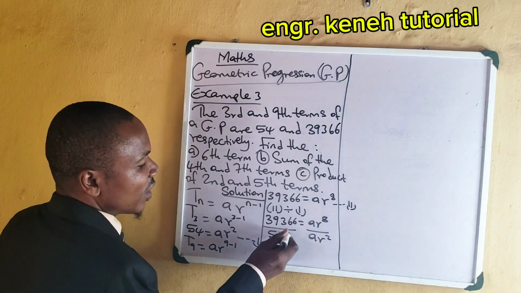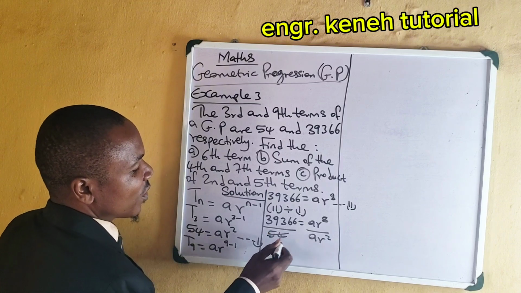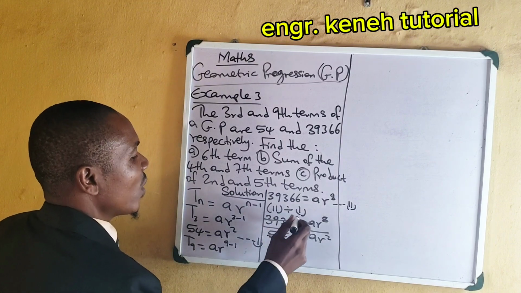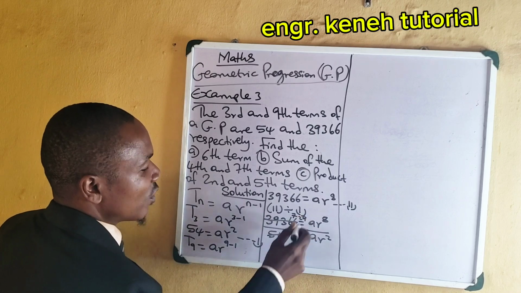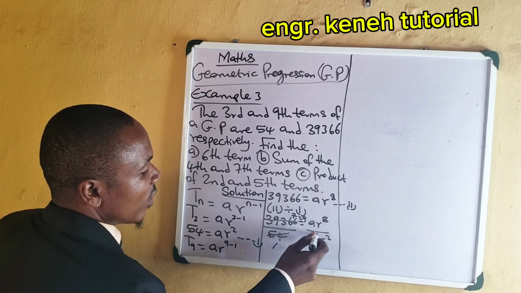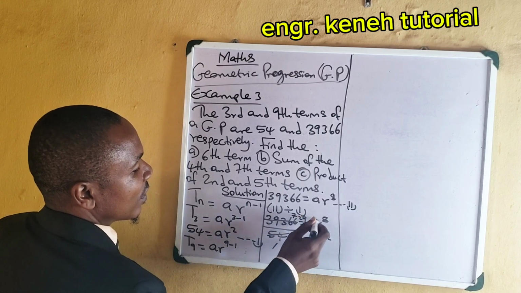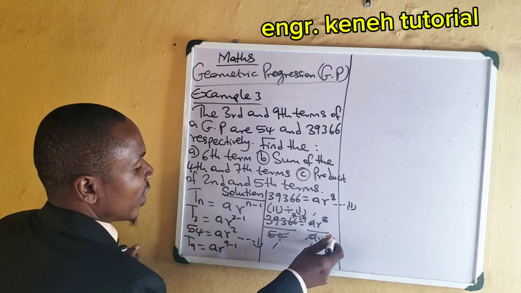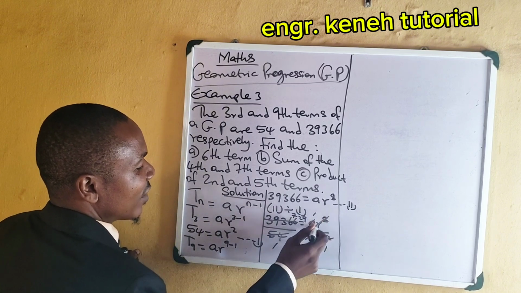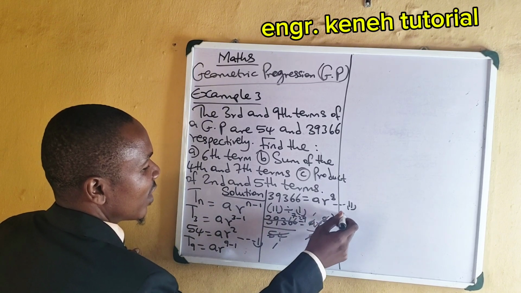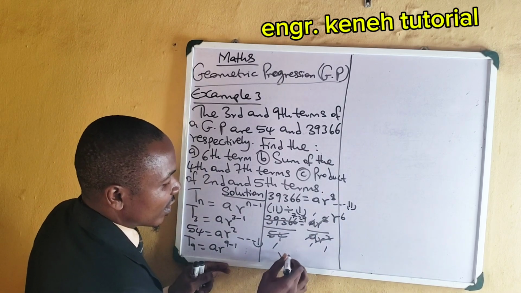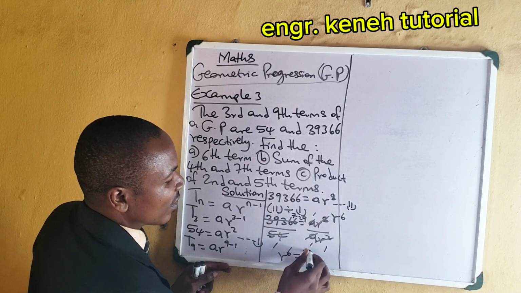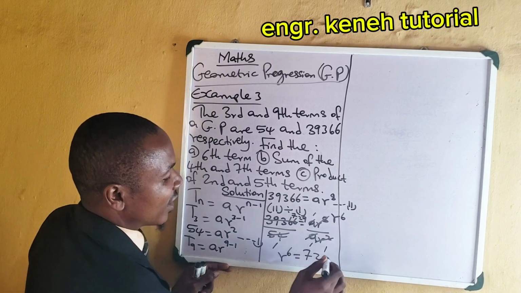When 54 divides itself to give us 1, dividing this, we will have 729. a will cancel itself. r to the power 2 divides itself to give 1, and dividing r to the power 8 by r to the power 2 gives us r to the power 6. So we have that r to the power 6 equals 729.